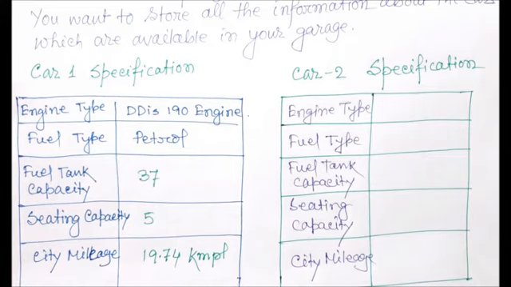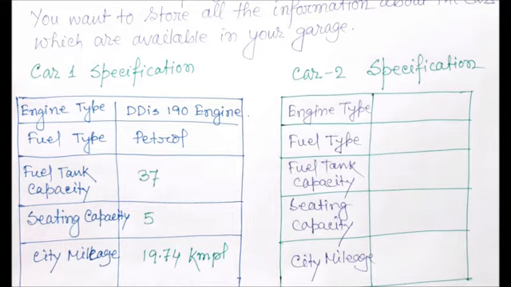So you can see that to store a single car's information we need different kinds of data types: a character array, an integer, and a float type.